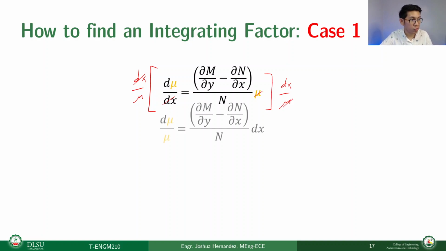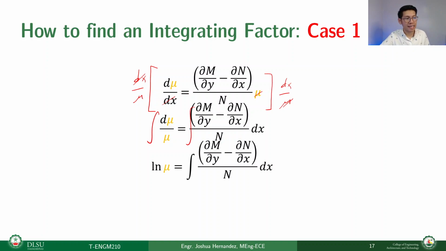This results to d mu over mu equals partial derivative of M with respect to y minus partial derivative of N with respect to x over N dx. Now, if we integrate both sides, this will result to du over u is ln u. And then, of course, the integral of this whole function.